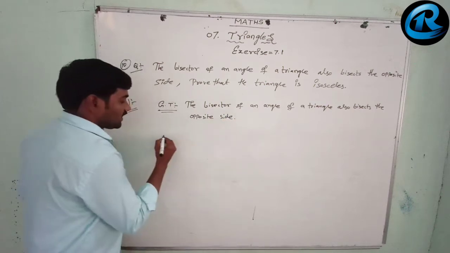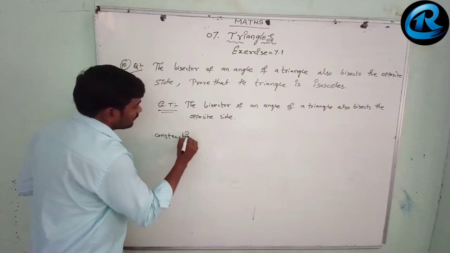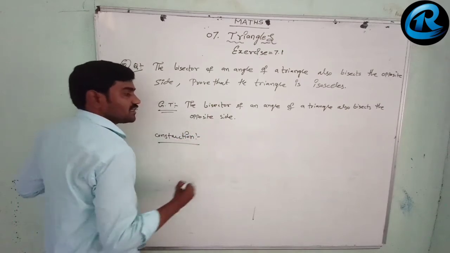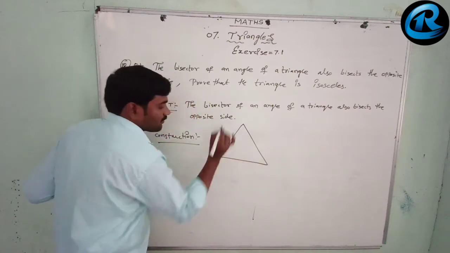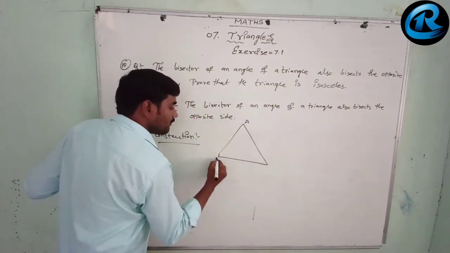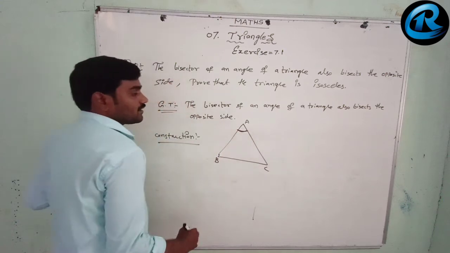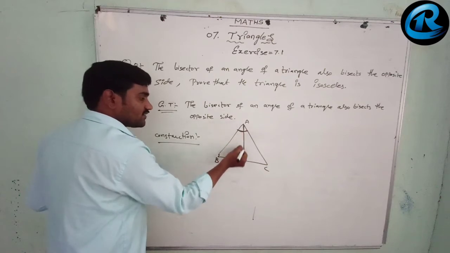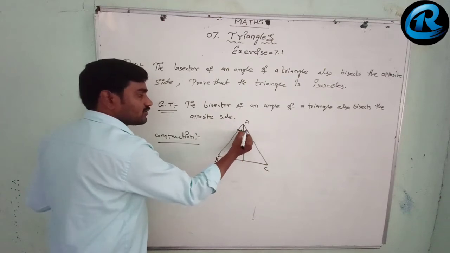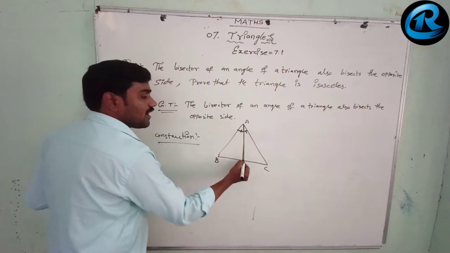So we go for a construction now. Figure is not given, so let us draw the figure of that particular problem. A, B, C. Suppose we take an angle here. The bisector of this angle means this angle is divided into two equal parts. The bisector of an angle also bisects the opposite side.